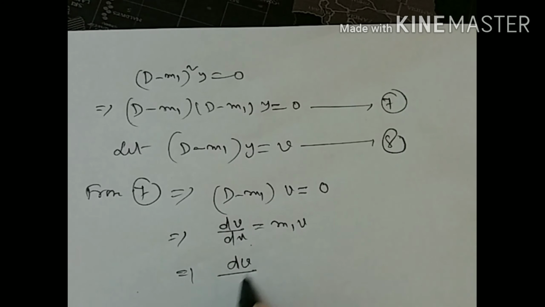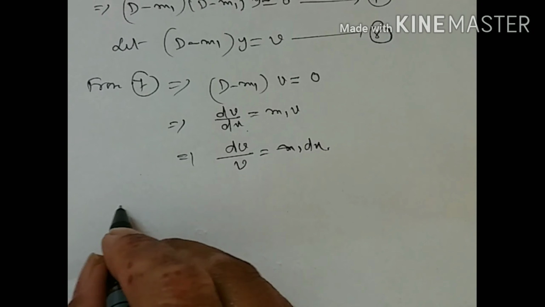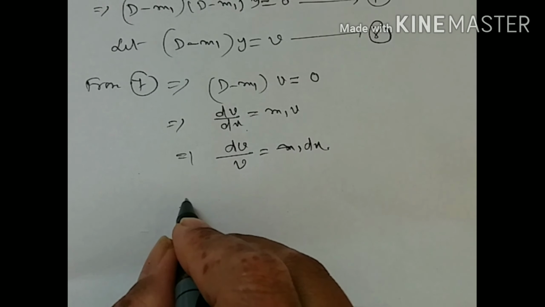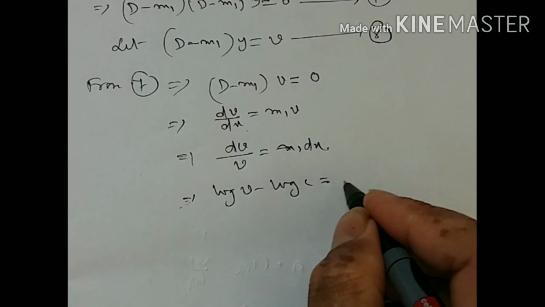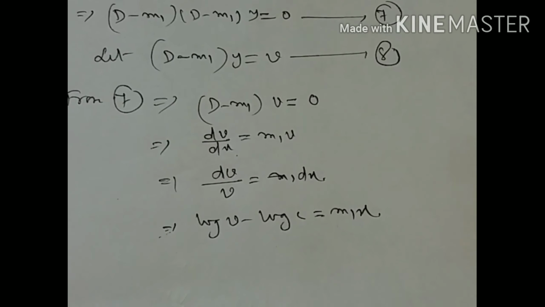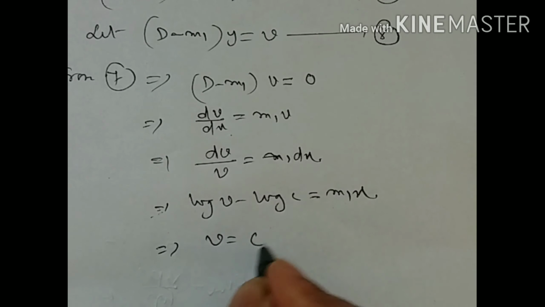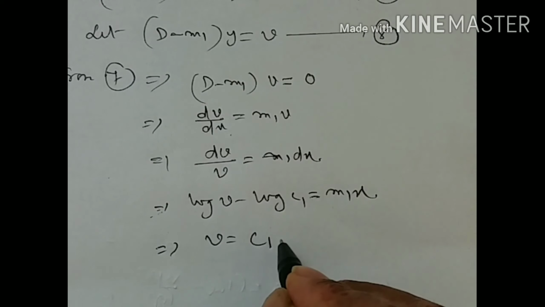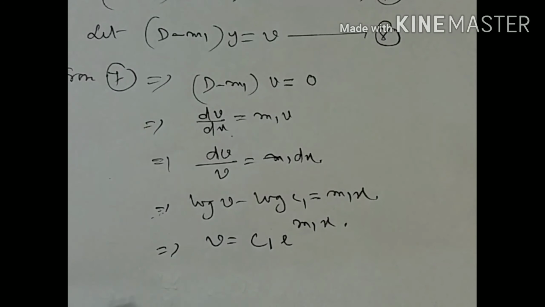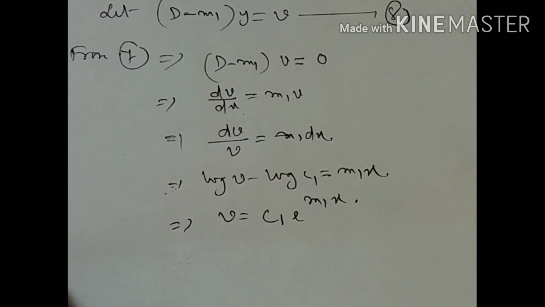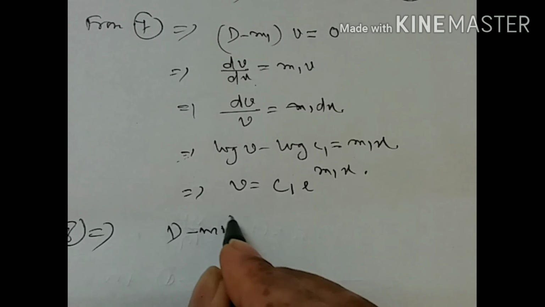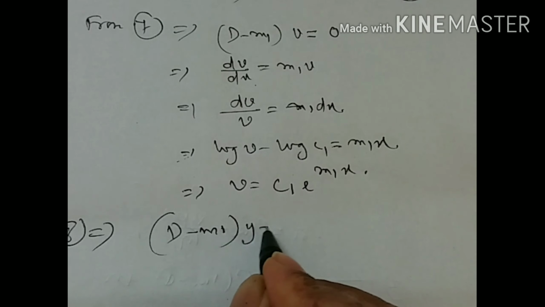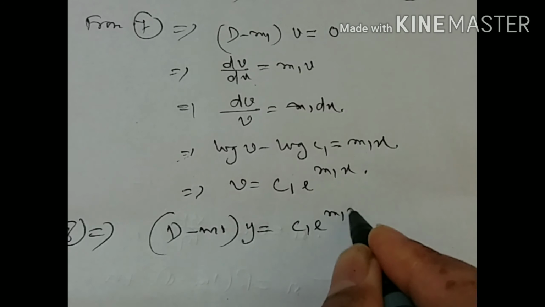Now separating the variables, m1 dx, and after integrating we get this, and finally v equals, if we take the constant c1, c1 e to the power m1x. So putting the value of v in 8, (D minus m1) y equals v, which is c1 e to the power m1x.